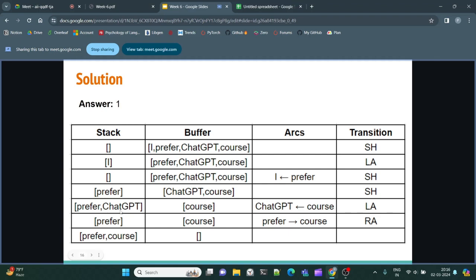A word in the stack can be removed only if it appears at the top of the stack. Also, for prefer, all the arcs or transitions have not been handled. It is still partially processed, and further processing is required. Only once a word is completely processed can you remove it from the stack.